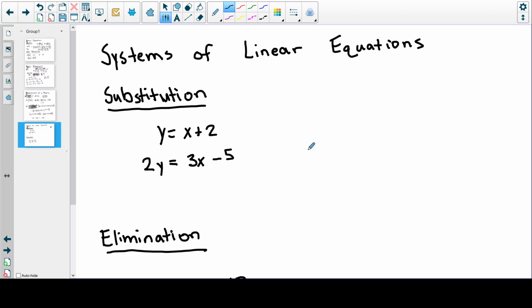The big key is to understand why we're solving this system and what our answer is. We can have three different possibilities for answers.